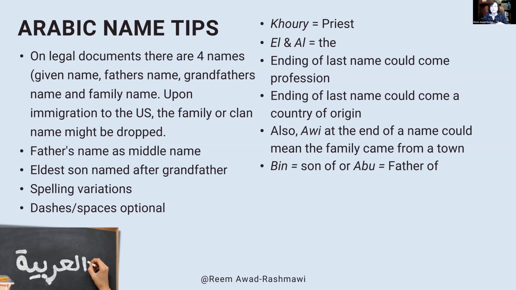The other thing is names could have come rather than from a family, specifically; it could be a nickname, it could come from a profession or a place that they traveled to, or from a town. Also, you see a lot of bin someone, son of someone, Abu someone. So Abu Khalid is an example of a name.